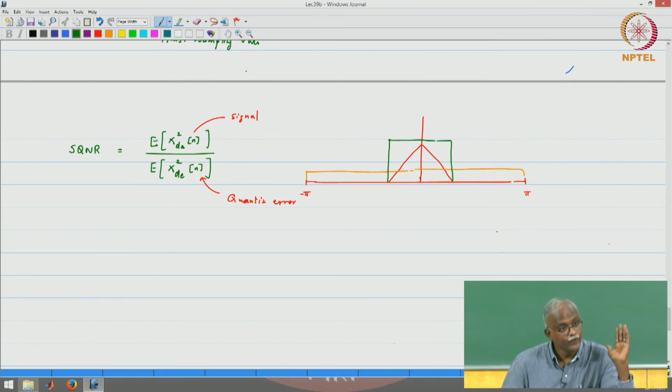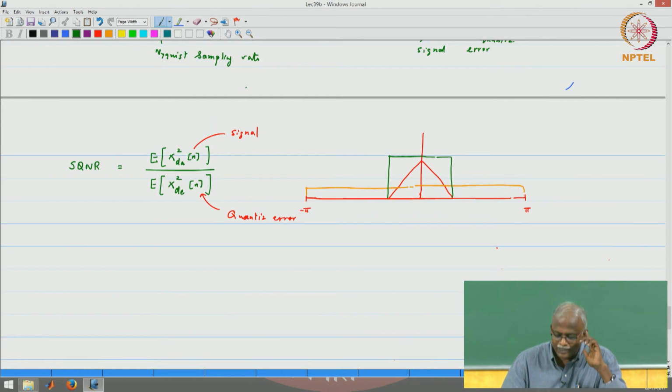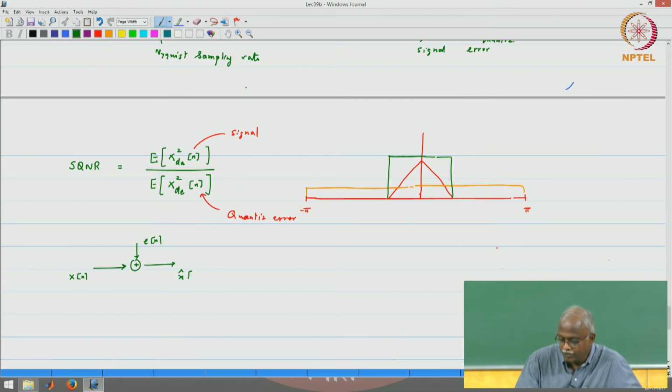Your signal went through without any issue, right, no problem at all. So, basically we are leveraging a key concept in the modeling of quantization noise, which is as follows: x of n added with e of n is what produces x hat of n.